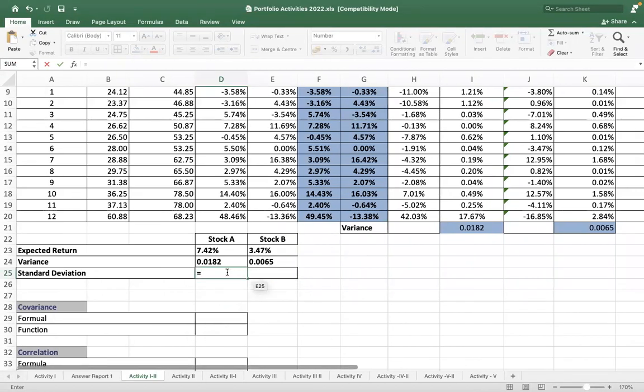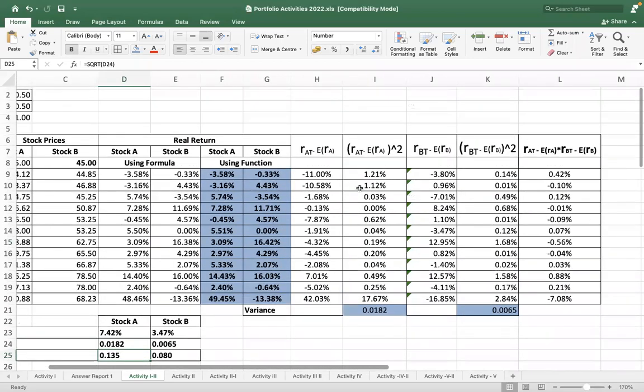So how to calculate the standard deviation? It's the square root of the variance. Yes, one student has given the answer. It's the square root of the variance. See how much easier it is if you use Excel.